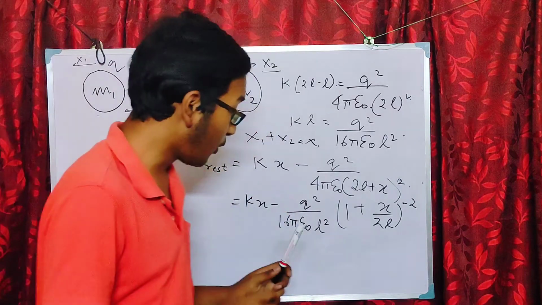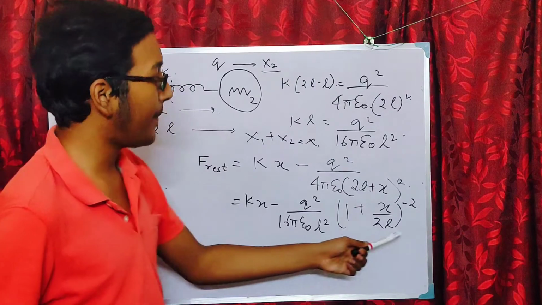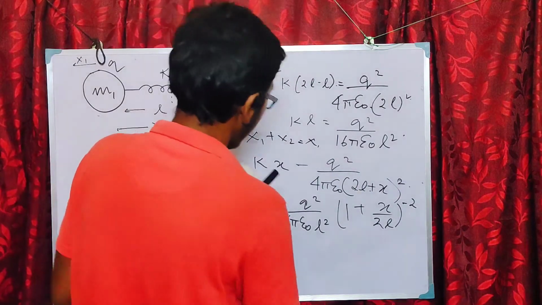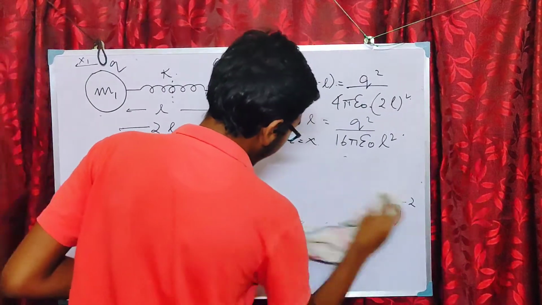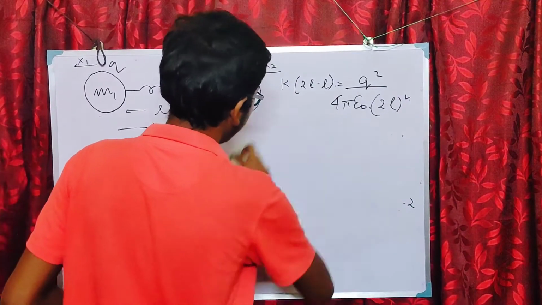Now see, this is the most interesting step of the whole problem. We would apply the binomial theorem. After applying the binomial, it's easier to simplify. So I'm writing it here.